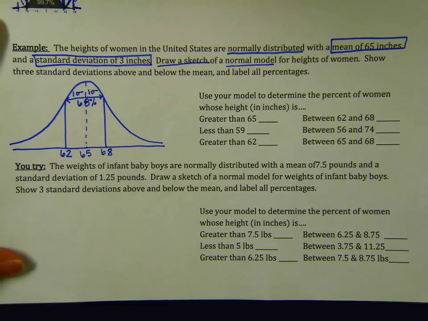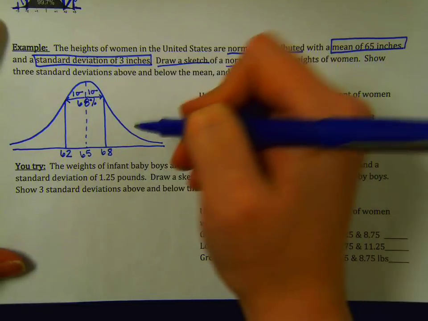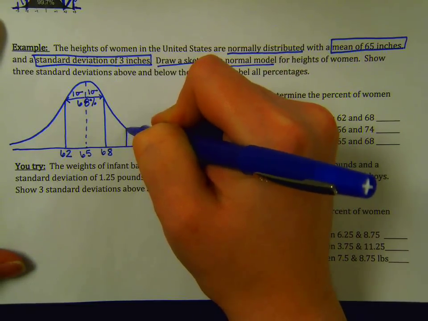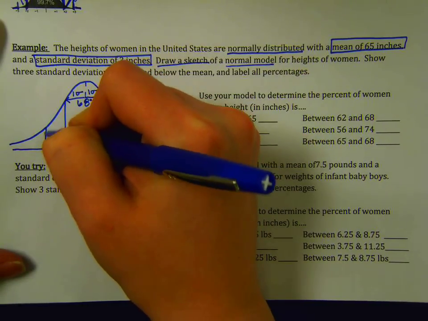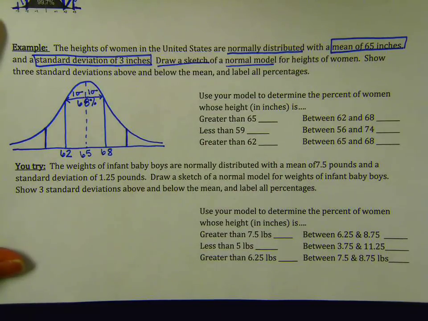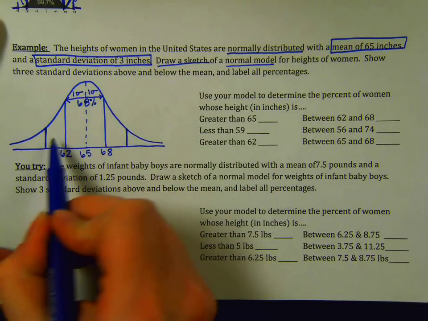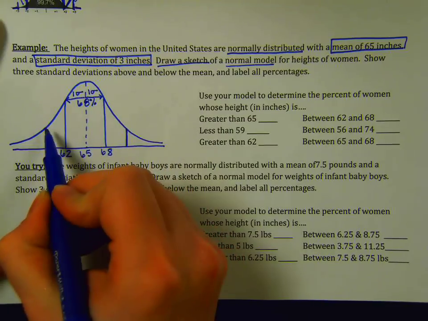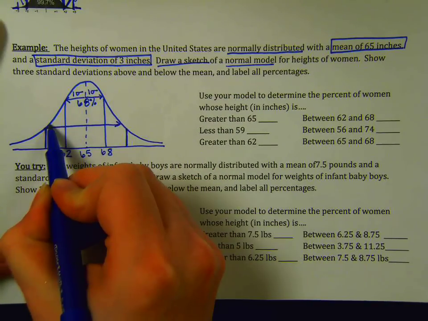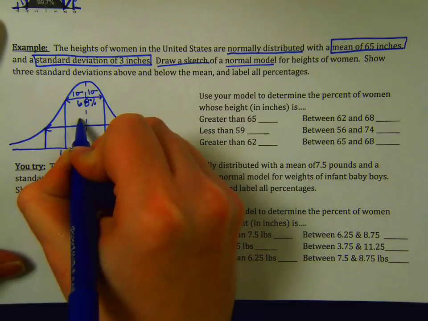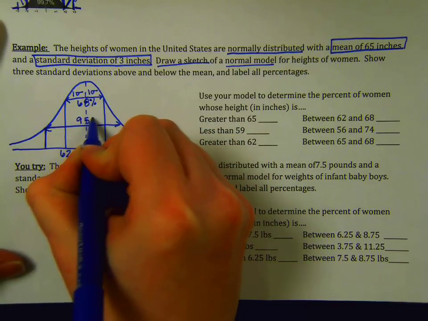Now we need to do our next line. So we have a line right about here. Should be about the same. One right about here. Now this is 2 standard deviations. This whole area in here, this is your 95%.